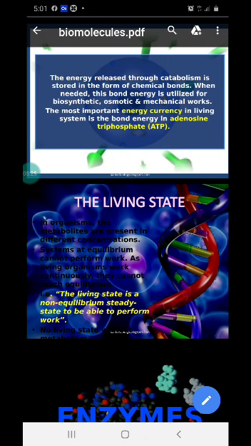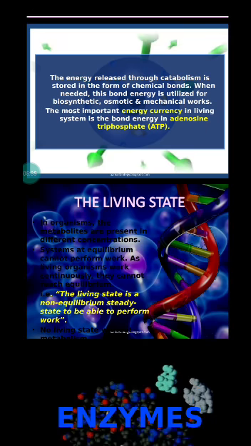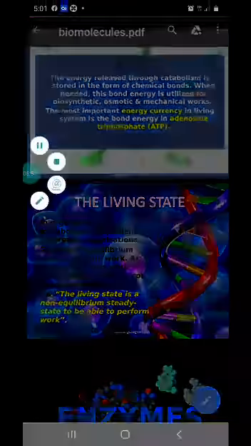As living organisms work continuously, they cannot reach equilibrium. So the living state is a non-equilibrium steady state to be able to perform work. What is a living organism considered? The living state is a non-equilibrium steady state to be able to perform work.